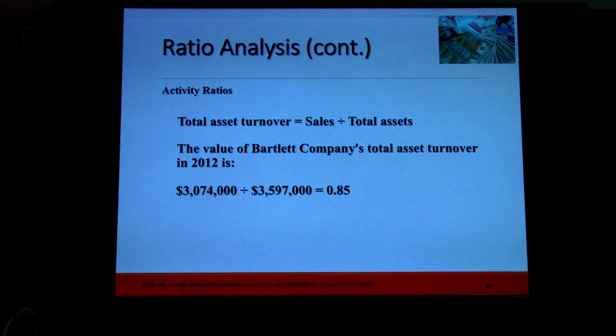Another ratio related to the activity ratios is called total asset turnover, معدل دوران الأصول. Total asset turnover is equal to sales, أي مبيعات, divided by total assets. In our example, by dividing sales by total assets, we found it is 0.85.